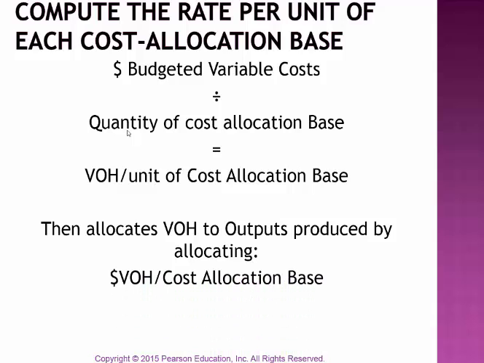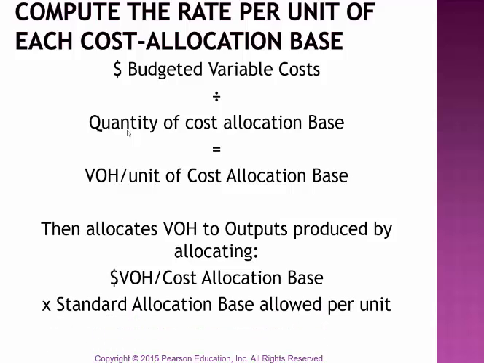Okay, so we're going to allocate the variable overhead to our units that we are actually producing by taking that variable overhead per cost allocation base and multiplying it times the standard allocation base allowed per unit. Okay, now that's what you have to make sure you've got straight. When we allocate it, it is by the standard allocation base allowed per unit. This is what's going to allow us to check how efficiently we're producing.